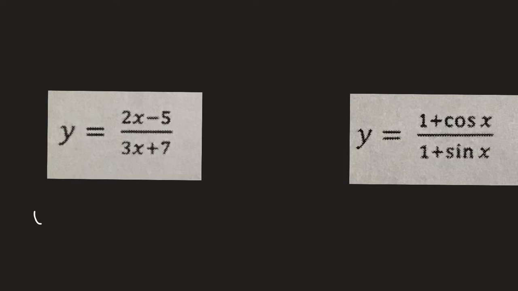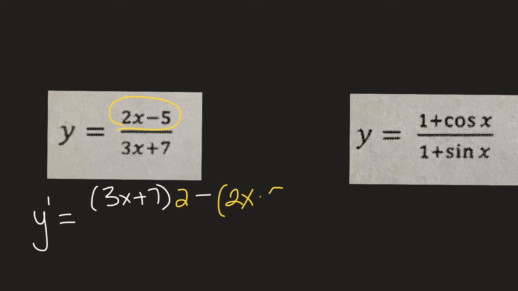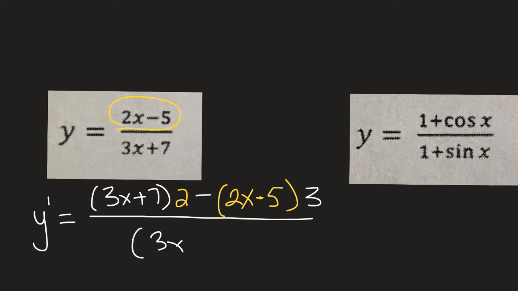So if we're going to apply this quotient rule, that is the low function, the denominator, 3x plus 7, times the derivative of the numerator. So 2x minus 5 has a derivative of just 2. Minus, once again, the numerator 2x minus 5, times the derivative of the denominator, which in this case is just 3, all divided by my denominator, 3x plus 7 squared.